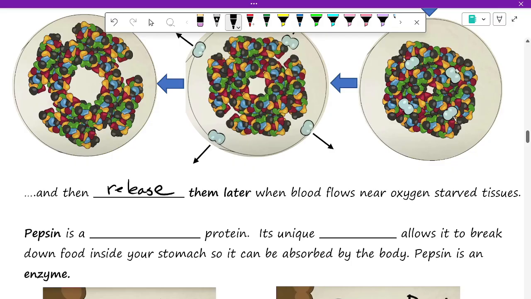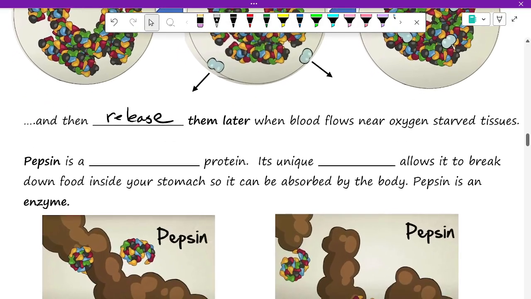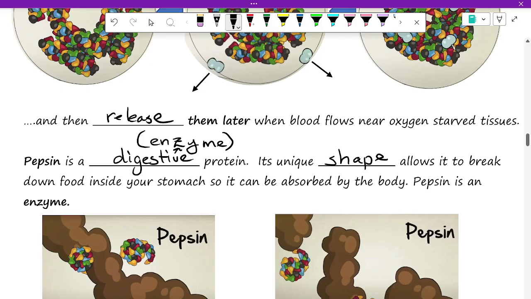And then release them later when the blood flows near oxygen-starved tissues. Pepsin is a digestive protein. It is an enzyme. It's a digestive enzyme. Its unique shape allows it to break down food inside your stomach.